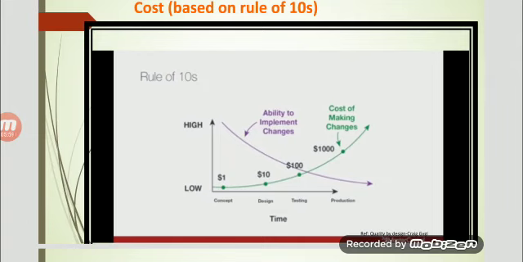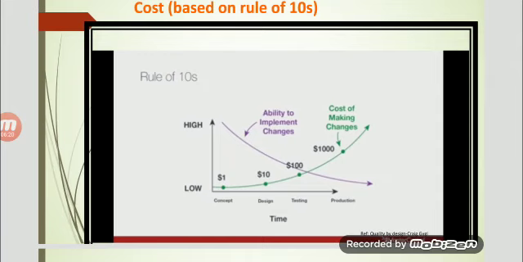Now there is one more graph, the purple line. It shows the ability to implement change. Any change has to be implemented at the conceptual level, where it is easy. So at the conceptual level, we can make changes easily.